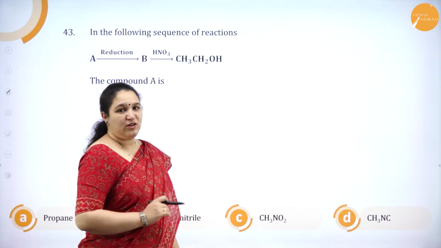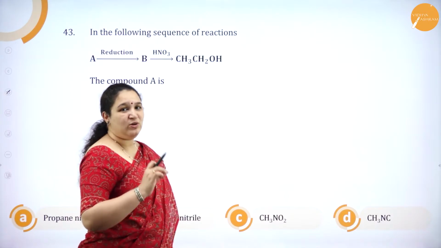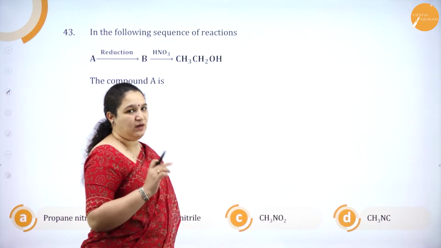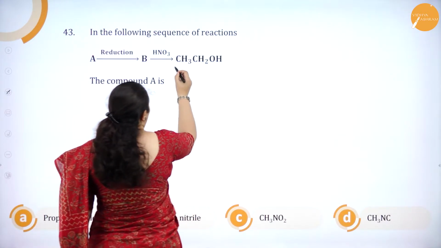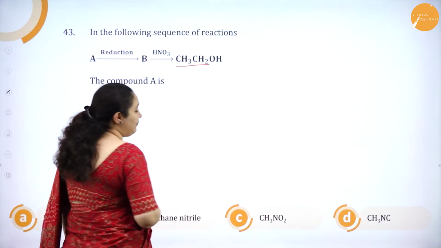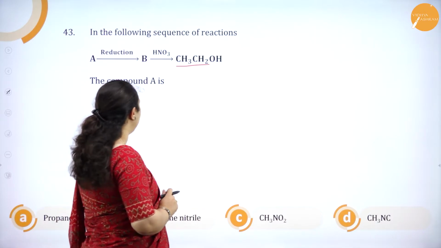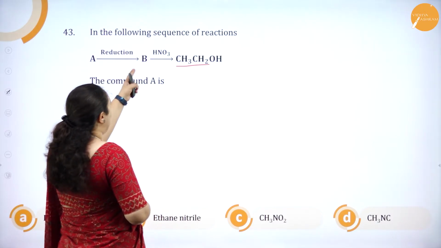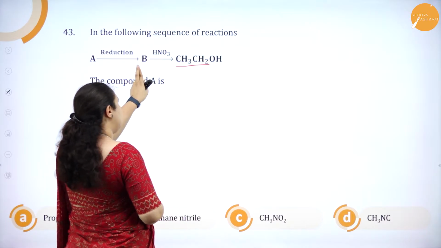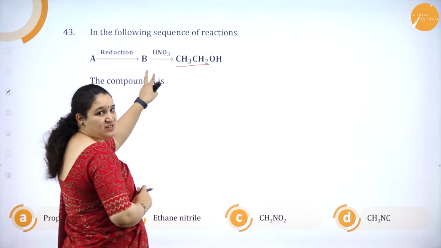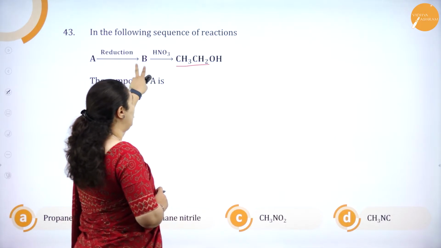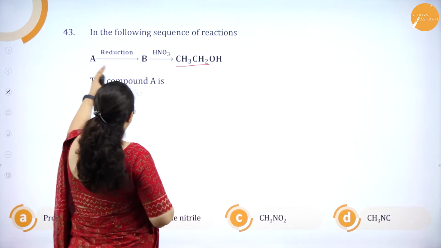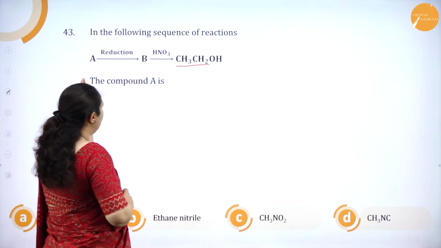For this particular question, without even writing the equation, we can come to the correct answer. First thing you observe, in the product we have 2 carbon atoms, CH3CH2. The previous one also has to have 2 carbon atoms because it's just reduction and you are getting the product. But before that also you should have only 2 carbon atoms.